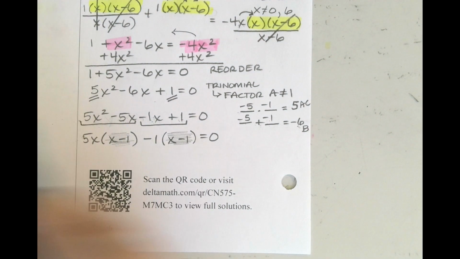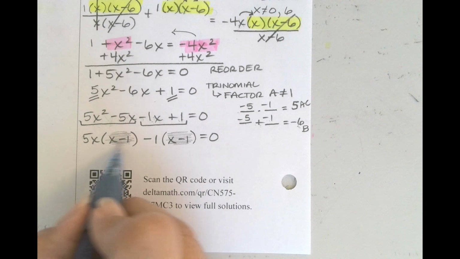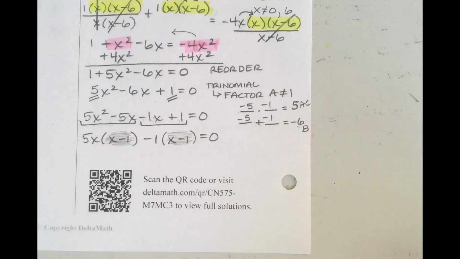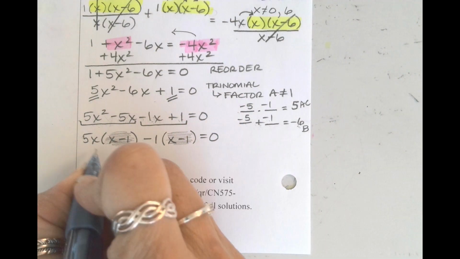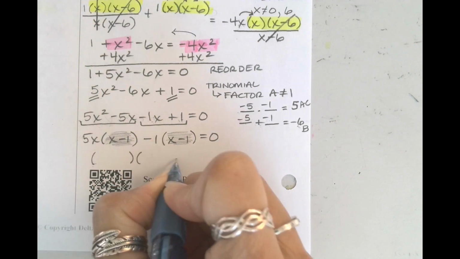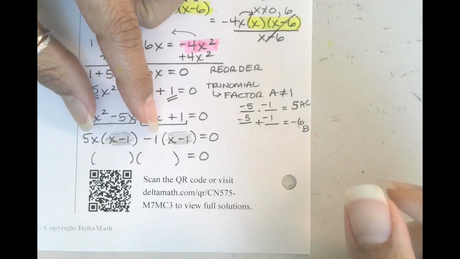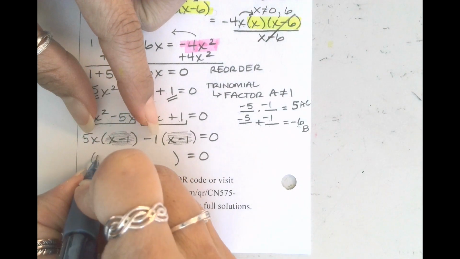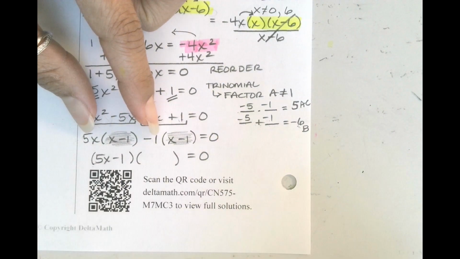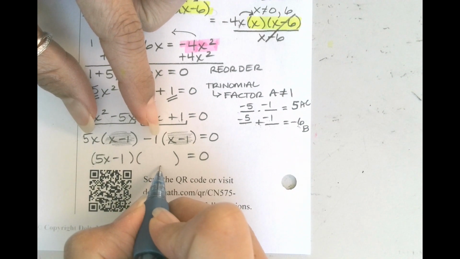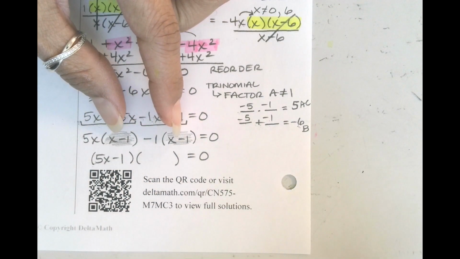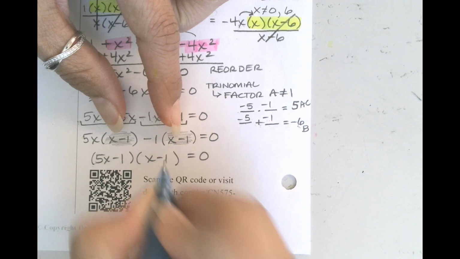If they are not identical, your factoring by grouping failed. Go back and figure out where your mistake is. Now you can put 2 sets of parentheses. In the first set, put the 2 GCF values, 5x minus 1. In the second factor, you put what matched, x minus 1.